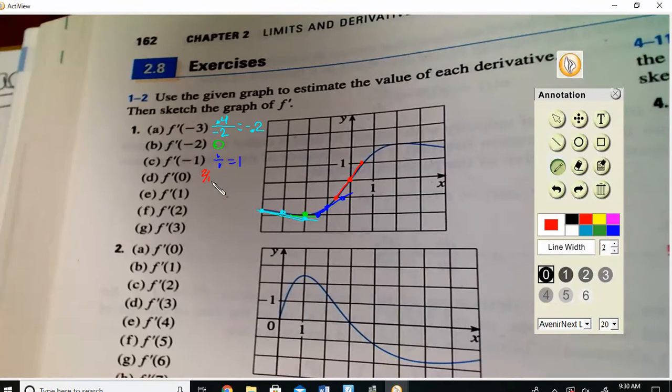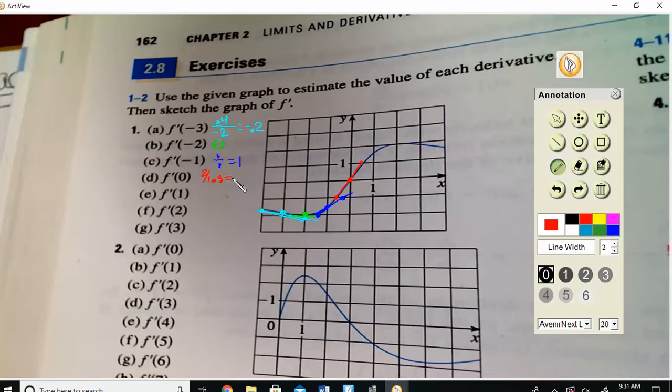Rise over run, we're estimating here. It went further than 1, right? This would be at -1/3 approximately, so 1/3 would be 1. Went a little bit more than that, so maybe 1.3.